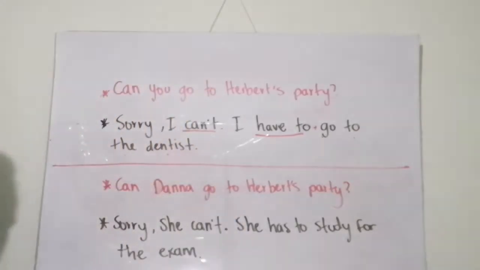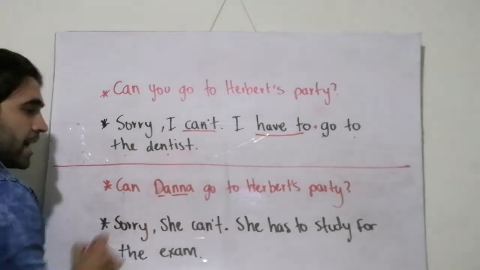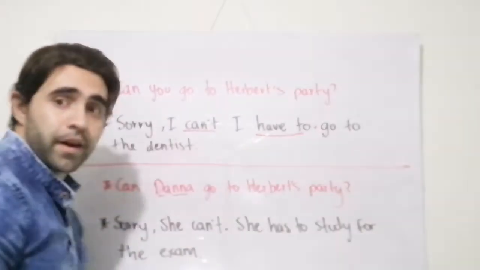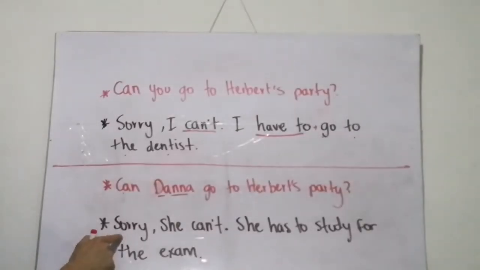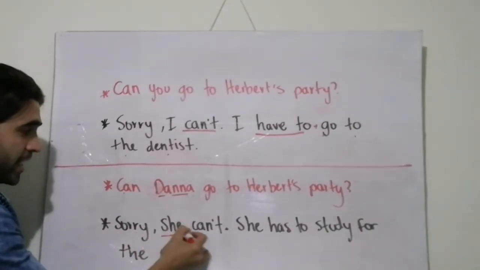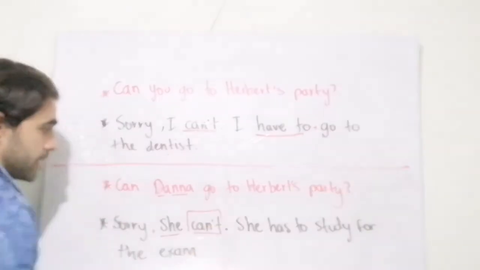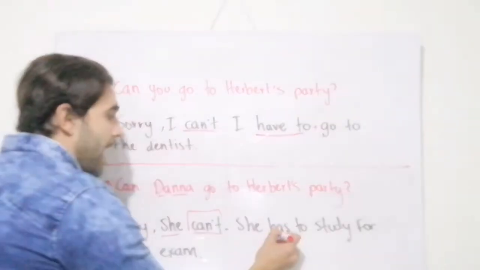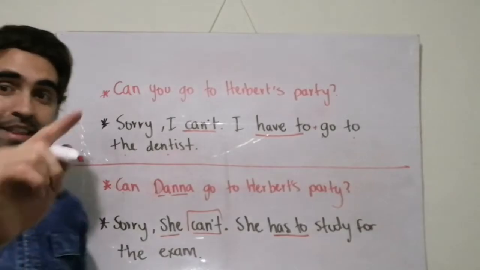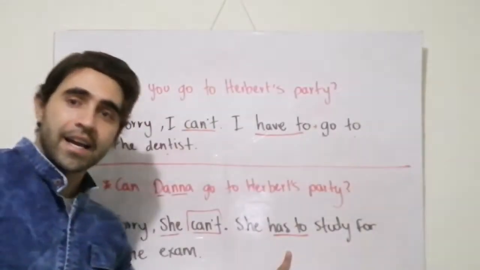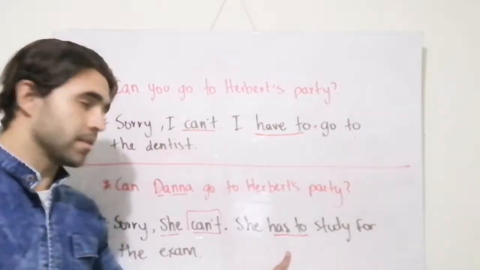Now we have another example. Can Dana go to Herbert's party? I say, sorry, she can't. Remember, again, we use the verb can. She has to. Notice that in this case we don't use have to, but we use has to because it's a third person and it's in positive.